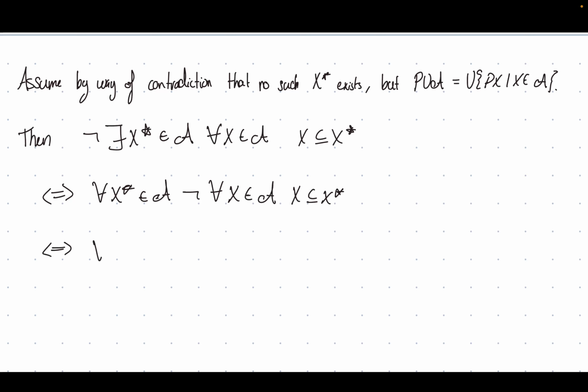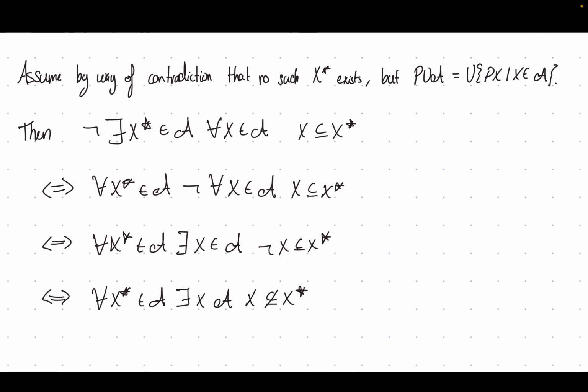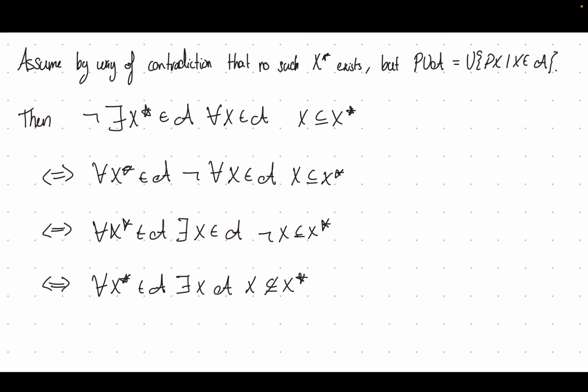Which is equivalent to saying that for all x star in script A, there exists some x in script A such that x is not a subset of x star. This is just me playing around with the logic, but that's kind of beyond the point.